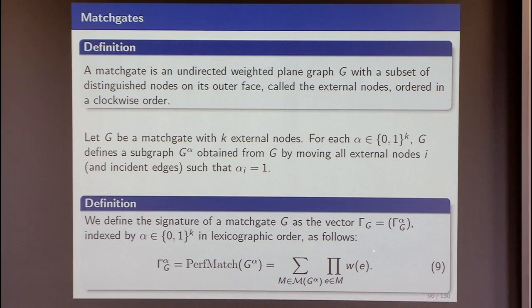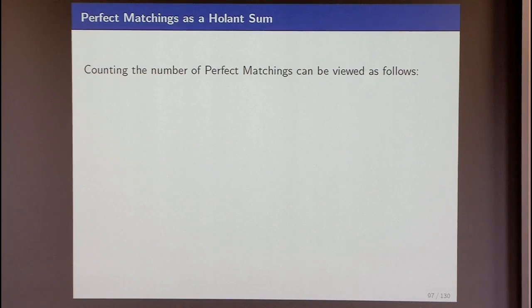As being perfect matchings, of course, only half of the entries can be non-zero at most, because by parity, what remains has to be even in order to have a non-zero perfect matching value. So if G has an odd number of vertices, then you must remove an odd number of vertices externally to make it possible to have a perfect matching inside. If you remove an even number of vertices, what remains will still be odd, and the value will be 0. Okay.